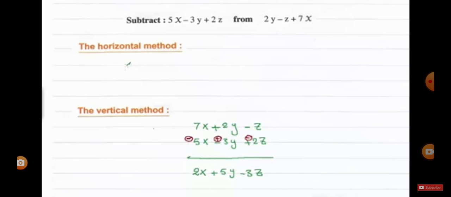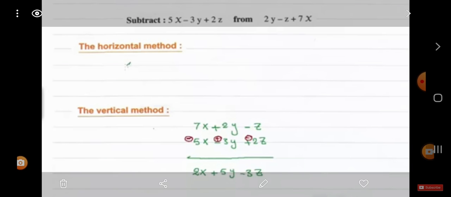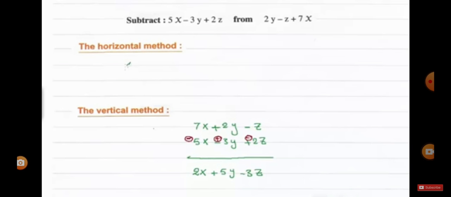Then I have to put first 7x + 2y − z. Then I put the second expression under it with arranging. Then I put 5x under 7x, −3y under +2y, and +2z under −z.